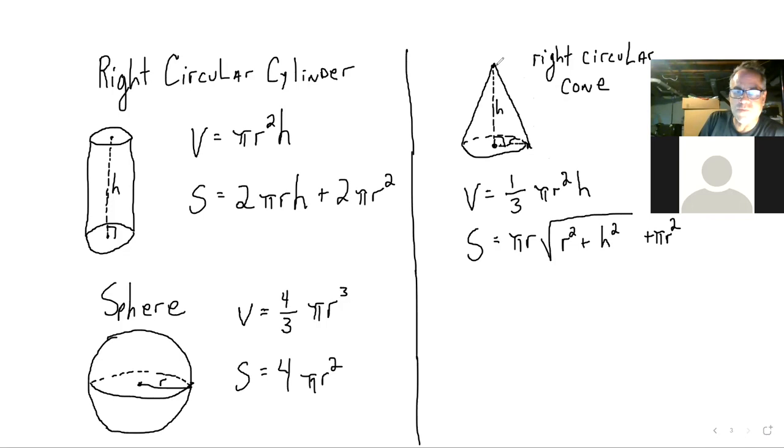The side length of this right triangle, the hypotenuse, is the square root of r squared plus h squared, and is sometimes referred to as lateral height. So it's the lateral height times pi r to get you the surface area of everywhere else on the cone.